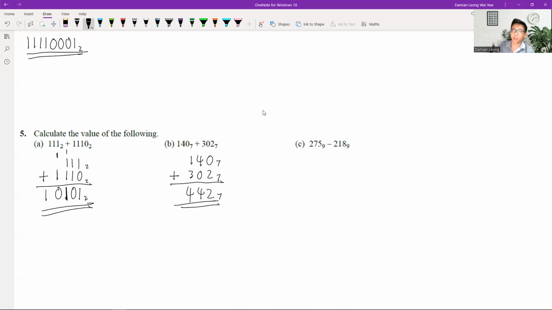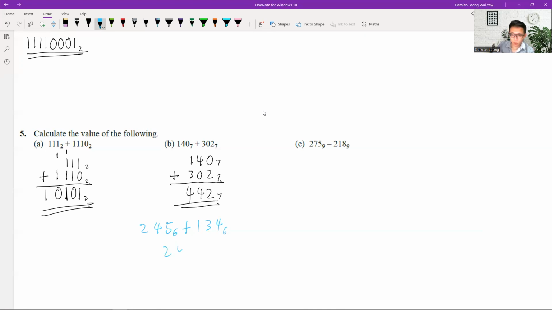Let me give you another example in case you don't understand any base higher than base 2. If I have 2, 4, 5, let's say base 6, plus 1, 3, 4, base 6.